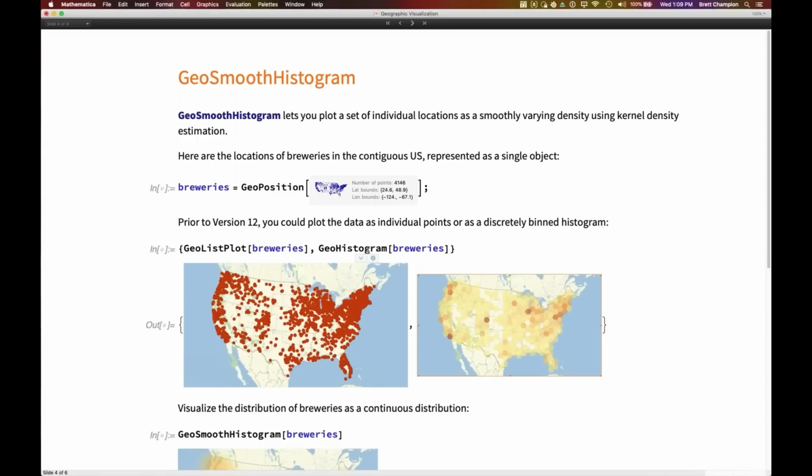Then we added GeoHistogram, which is a discrete binning, by default using hexagons, of the points. We can see that there's 133 in Chicago, 73 near Minneapolis, and so on. We can see where there's more breweries and where there's less, Denver, etc.